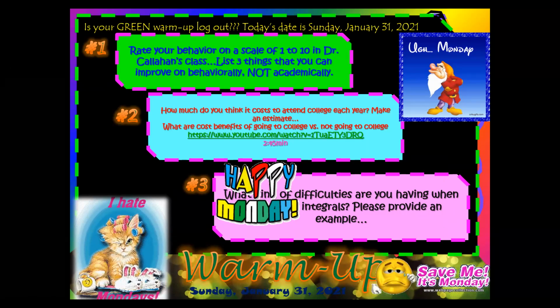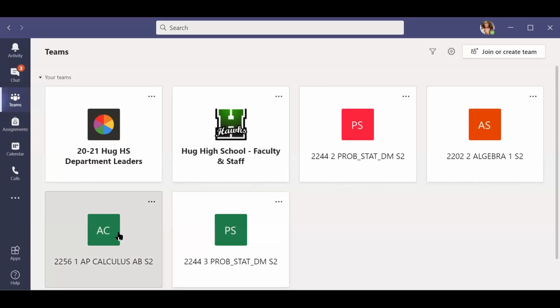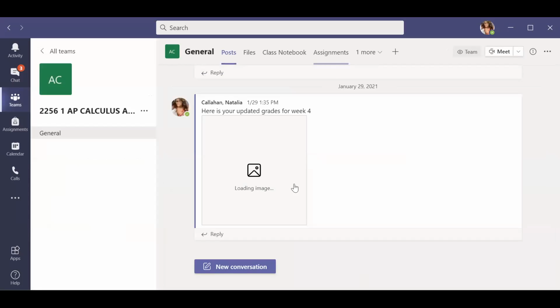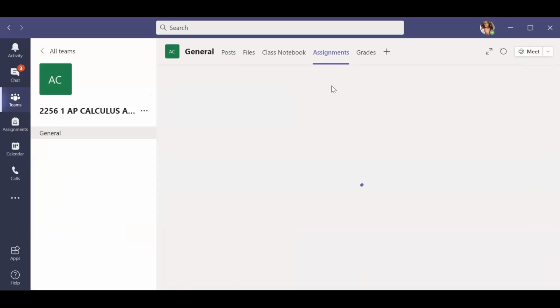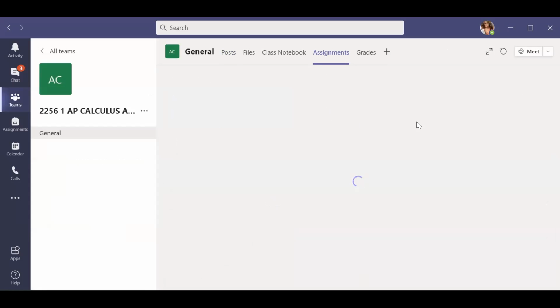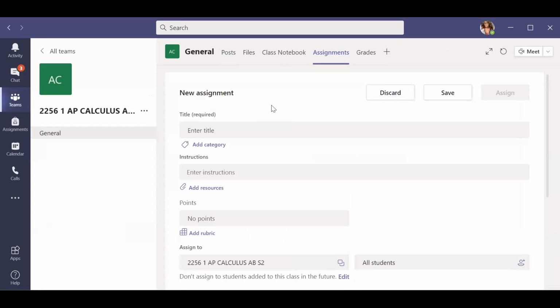Okay, let's go ahead and create the assignment for your calculus class today for the hybrid kids. Today is week 5 Monday, AP Calc, semester 2.